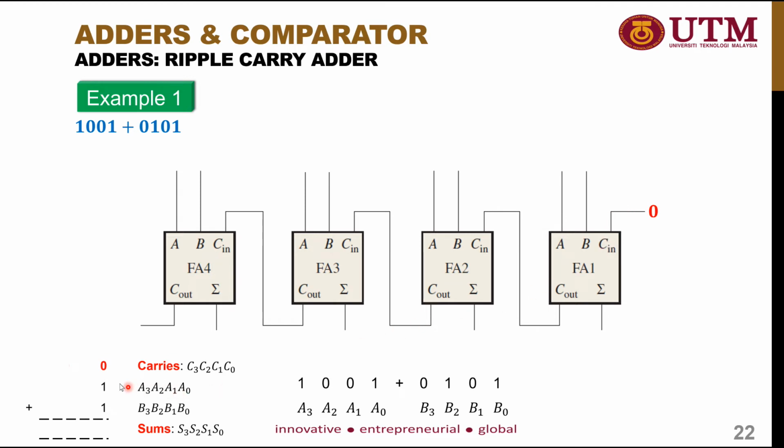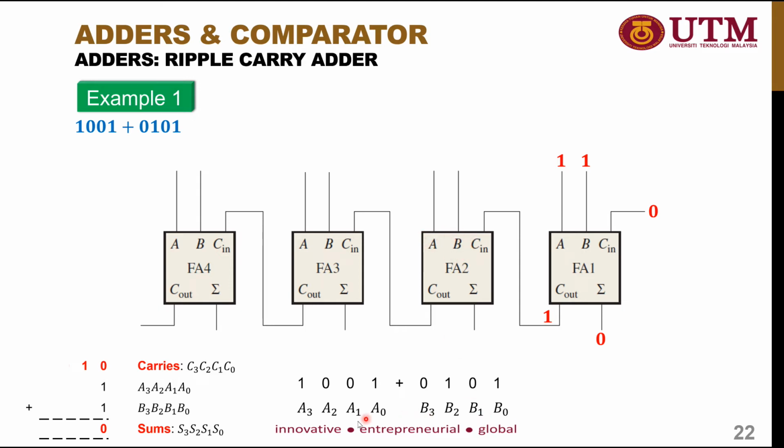After that, we add 0 plus 1 plus 1, it will be equal to 1, 0, where 0 will go to the sum, and then 1 will go to the carry. So for the first full adder, 1 plus 1 plus 0 will be equal to 0, and the carry will become 1.